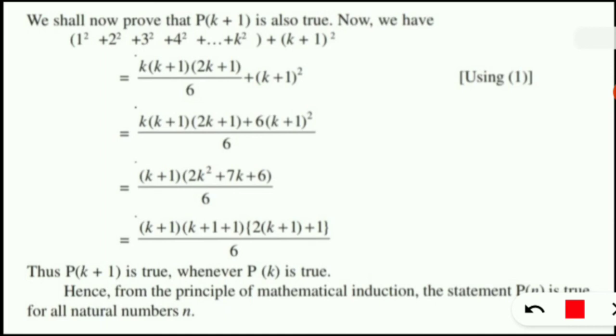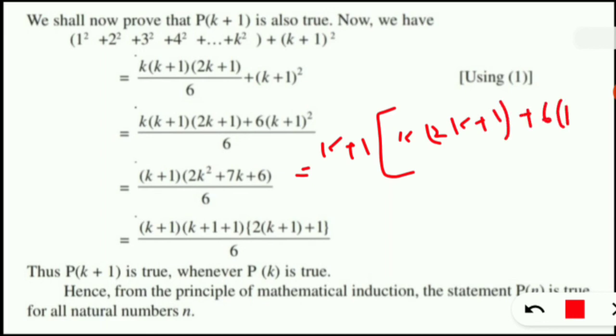After that, we take common k plus 1, here k plus 1, third bracket from this k into 2k plus 1, and from the second term plus 6 into k plus 1, whole divided by 6.